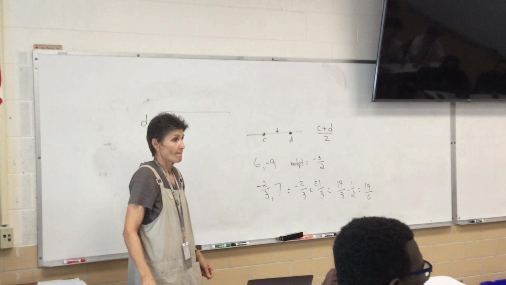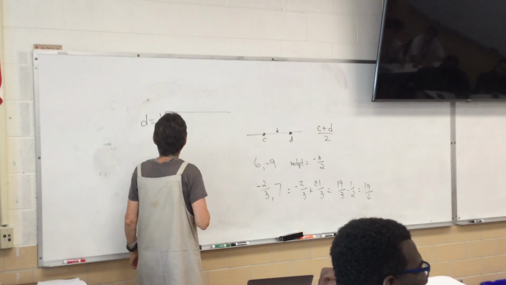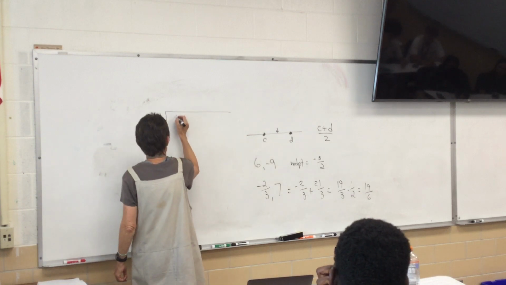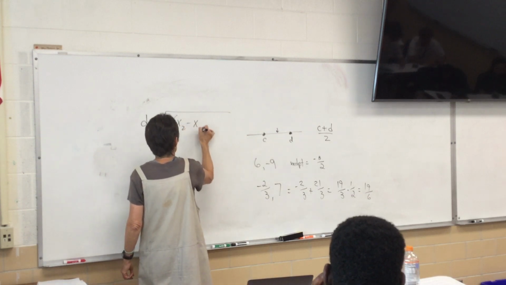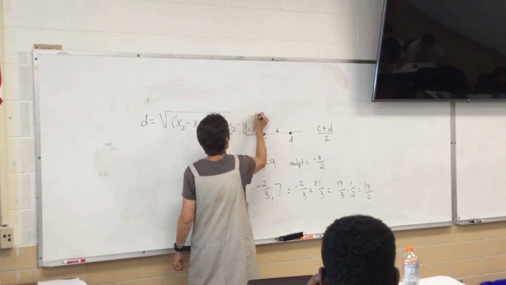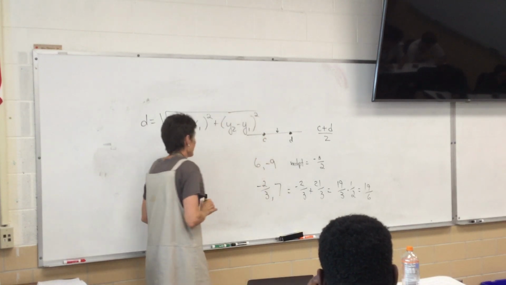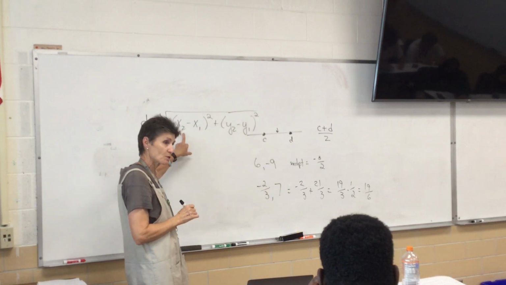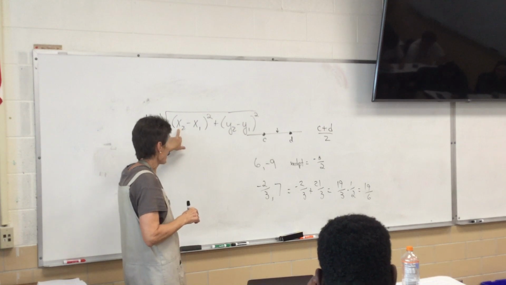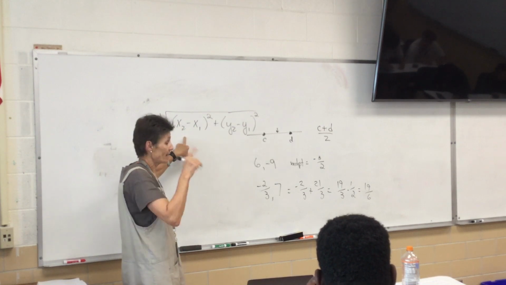x sub 2 minus x sub 1, squared, plus y sub 2 minus y sub 1. Perfect. Remember, these are called subscripts. So if you're going to say them out loud, you'll say x sub 2, not x to the second.